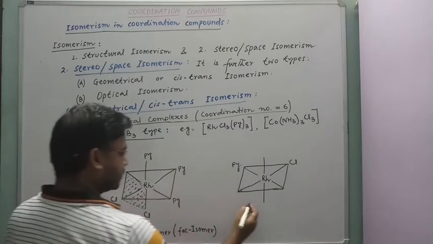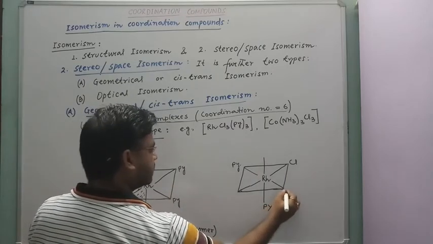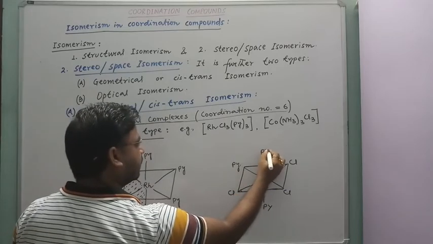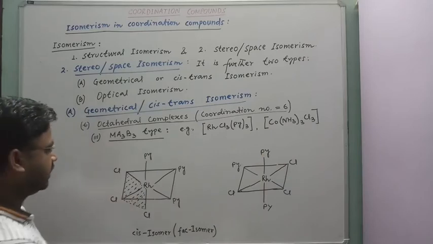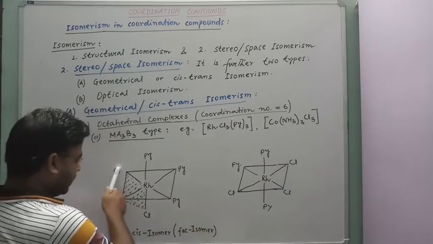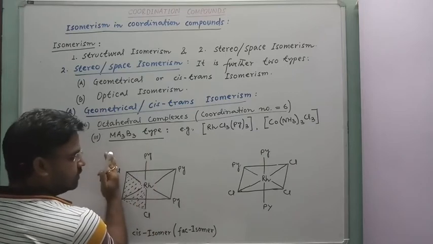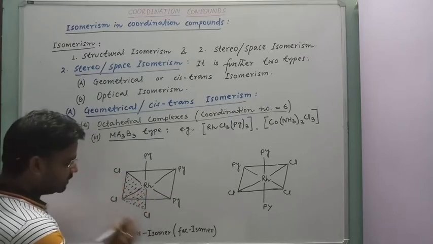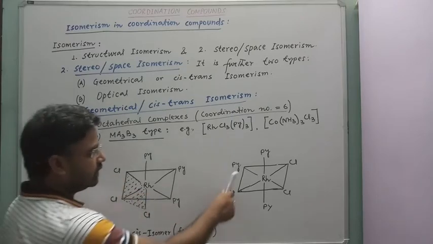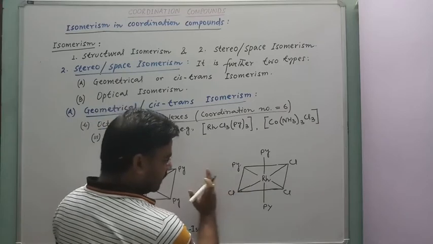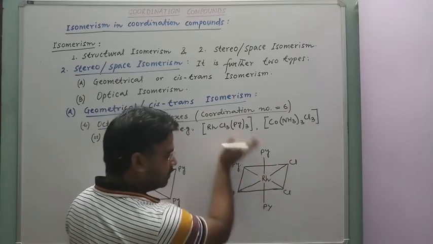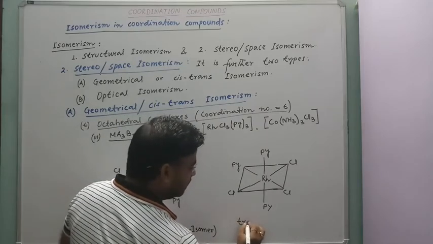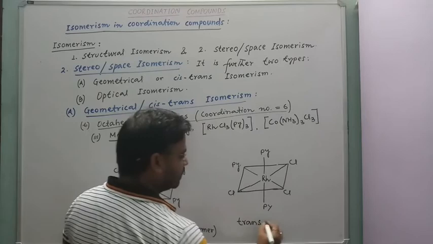Py, Cl, chlorine, Py. So here chlorine is in the same plane, and Py in the same plane. These are cis isomer. And this part is the facial part. That's why it is also called fac isomer. Here you see chlorine in this part, chlorine in this part, the opposite part. Py first part, second part. So these are trans isomer.